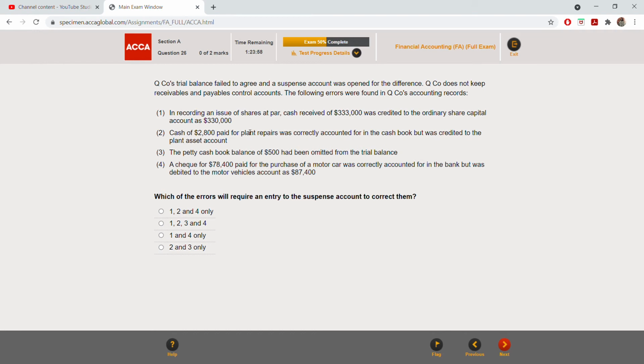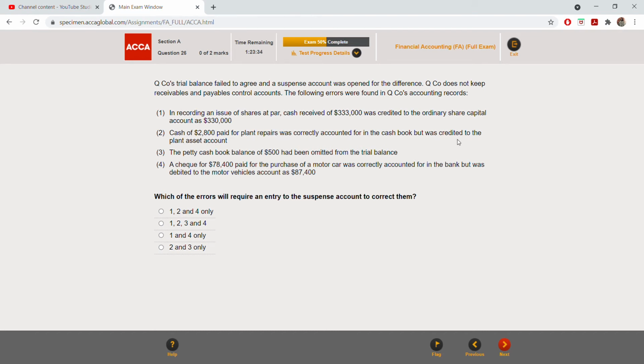Not understanding the first time, it's okay, read it again. Cash of 2,800 paid for the plant repair was correctly accounted for in the cash book but was credited to the plant asset account. That means if it is credited in the plant asset account, you need to take it out from the plant asset account. Why? It has nothing to do with plant asset. It was a plant repair. So you debit it back.